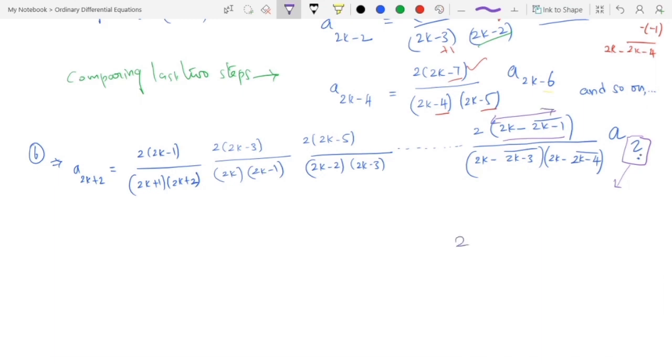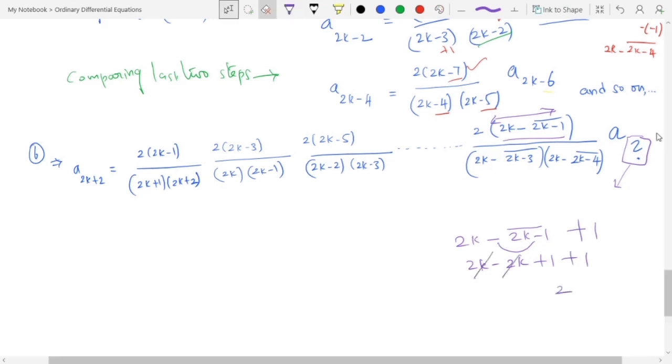Okay, 2k minus 2k minus 1 bar, that is bracket. Instead of bracket we are using this bar. Adding 1 with this, 2k minus 2k minus of minus 1, that is plus 1 plus 1. 2k cancel each other, that is 2. So replace this question mark by 2.